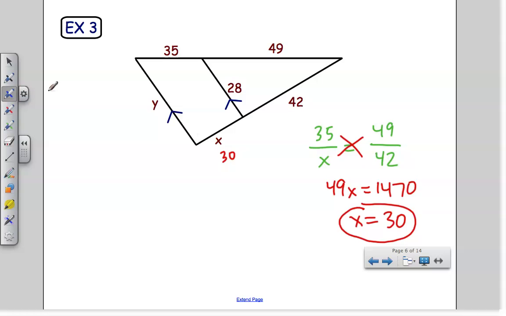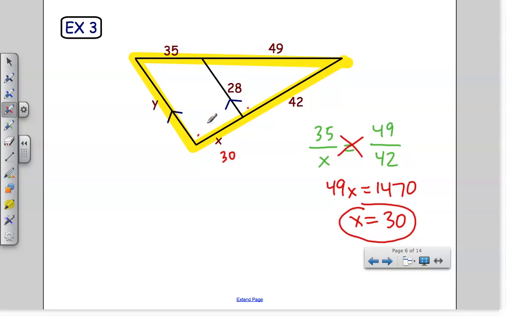Here's where you need to be careful, in finding y. Because if you think about what y is a part of, y is a part of this huge triangle. And now I'm going back to similar triangles, and I know these triangles are similar, actually by angle. With parallel lines, these two angles here are corresponding angles, right?